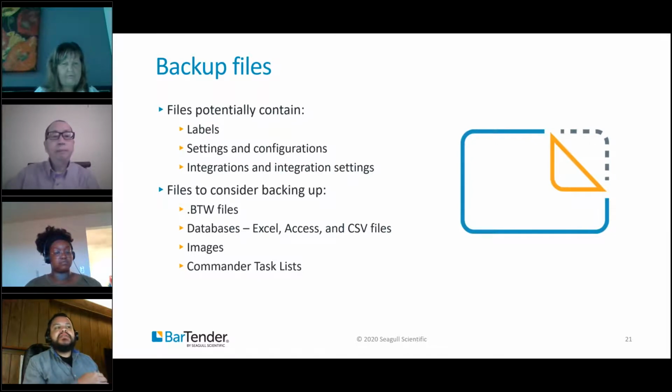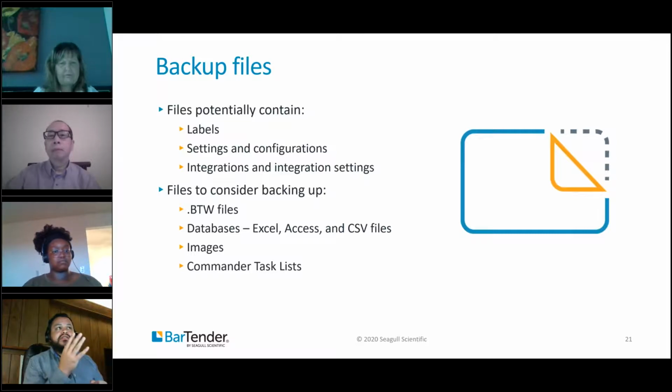You might have a practice of saving on your C drive, or you might have a very centralized structure where you store all your files, or you might store things very differently than somebody even within your own industry. Another thing to consider, which is sometimes overlooked, is your databases.